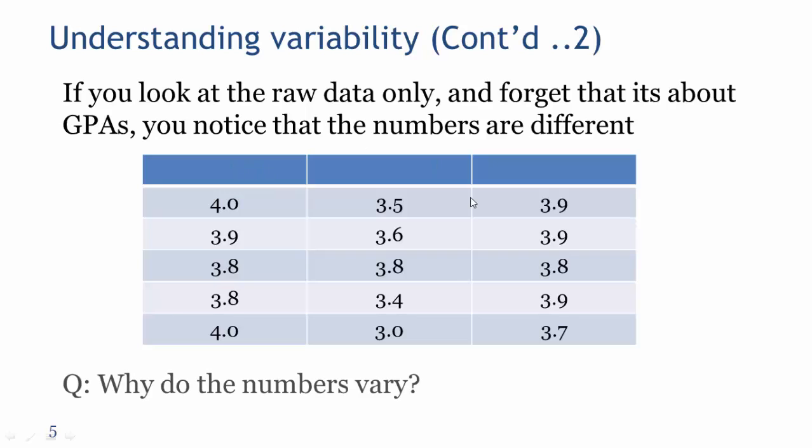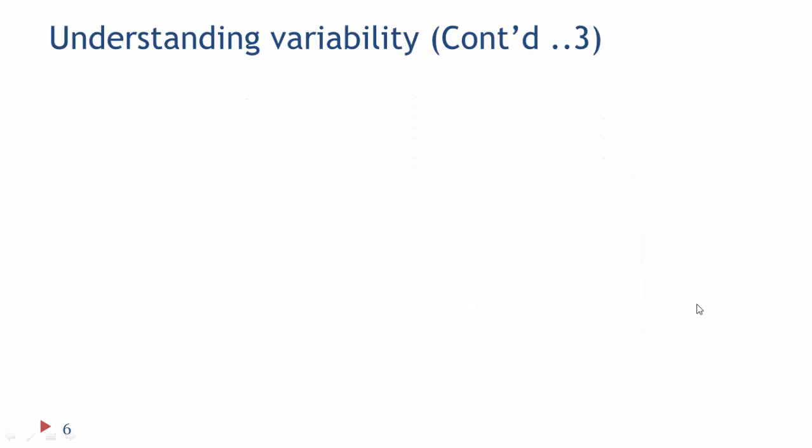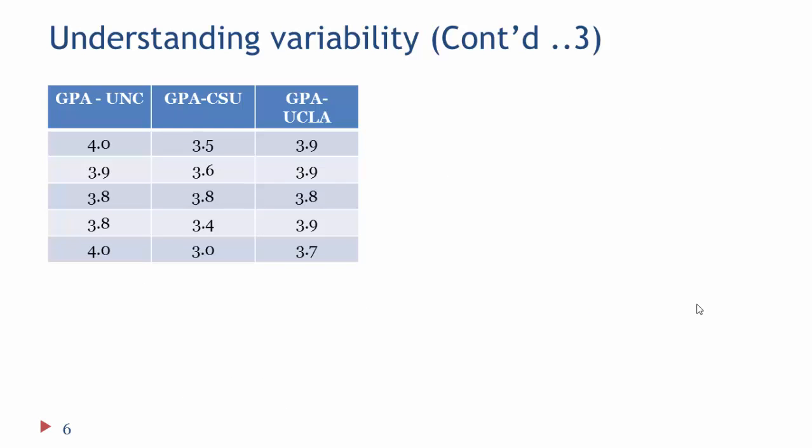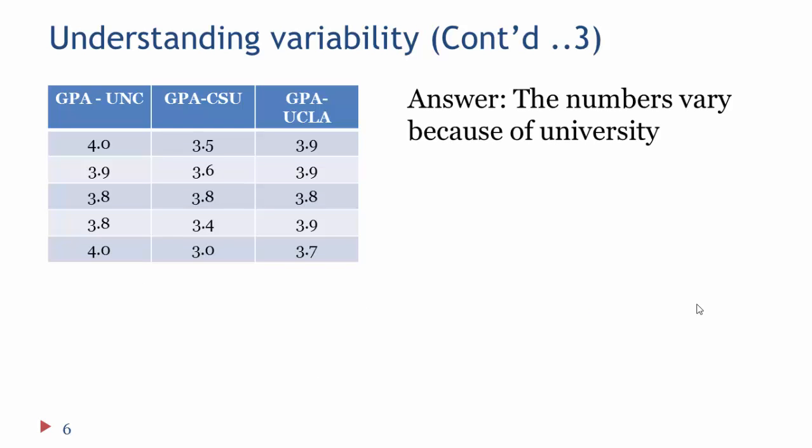The numbers are different. The question is, why do they vary? The simplest answer would be that the numbers vary because these GPAs are from different universities. These numbers are from UNC students, these are from CSU, these are from UCLA, and we see these numbers vary.